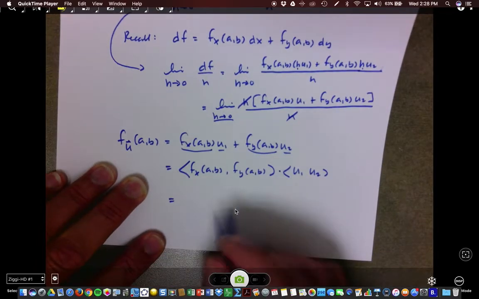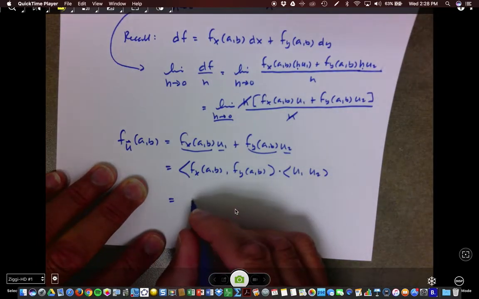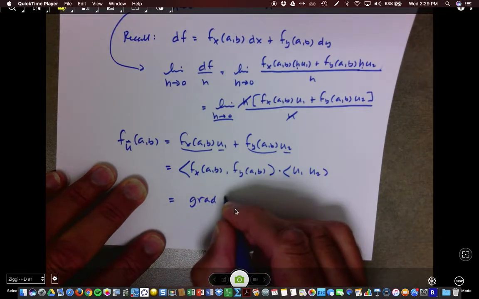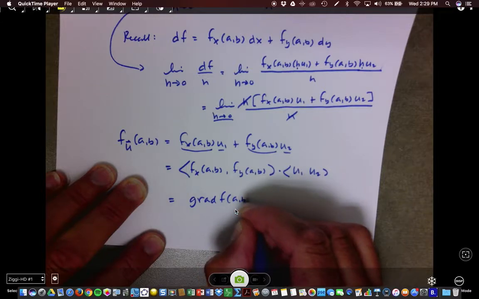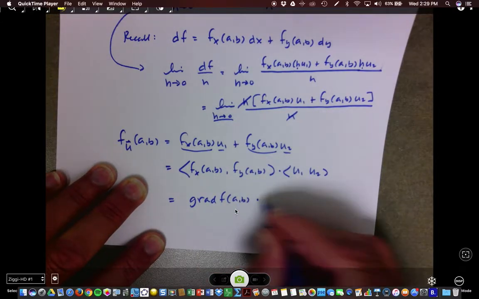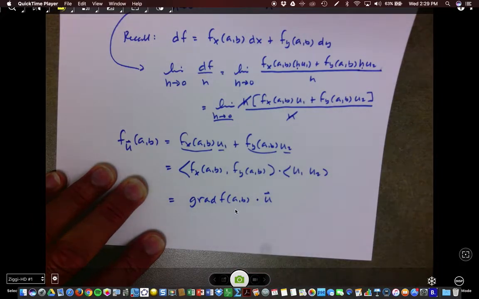This is kind of cool. This is what we talked about on Wednesday, the gradient of f evaluated at (a, b). Okay, remember, that's a vector. And then this vector is just the unit vector in the direction we're trying to travel.